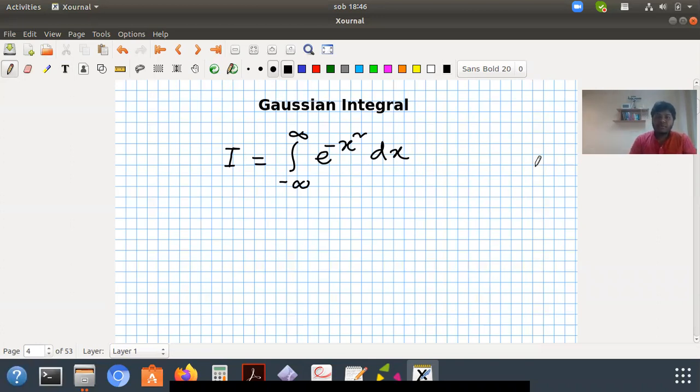Today we first want to calculate this integral, and its value is the square root of pi. I'll show you. So let's prove this one.